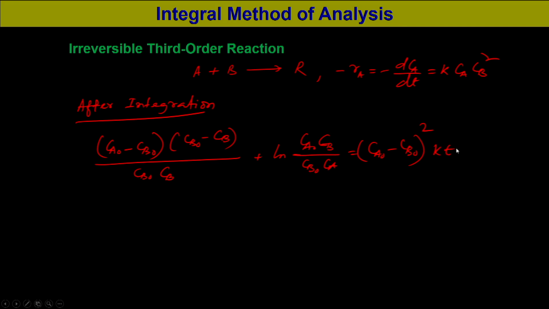So, this equation is valid when M is not equal to 1. Now, for M is equal to 1, we can get for third order reactions 1 by C_A squared minus 1 by C_A0 squared would be equal to twice kt. So, this is valid for M is equal to 1.